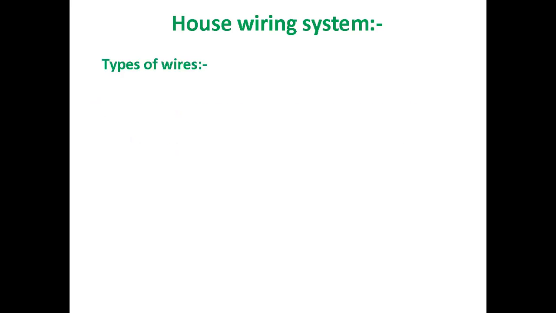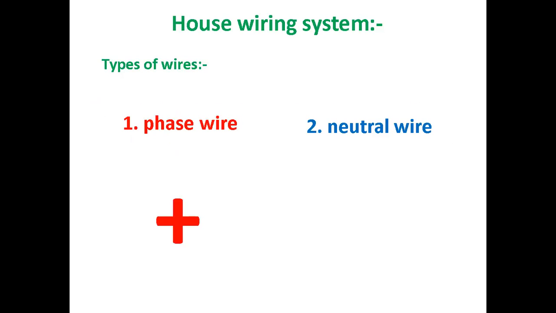Then there are two types of wires in the electricity supply. One is the phase wire, and phase wire means the positive line. Another is the neutral wire or negative wire, symbolized by plus and minus.